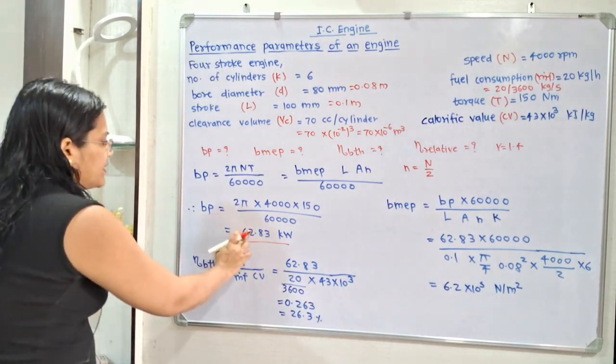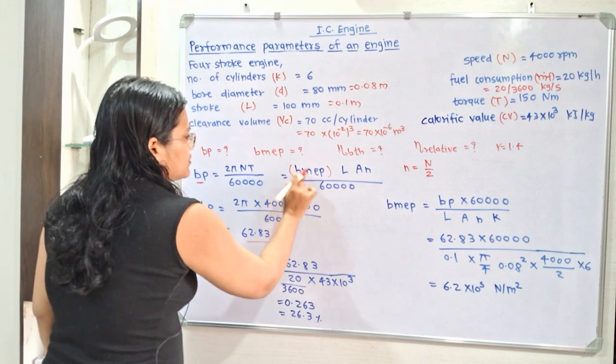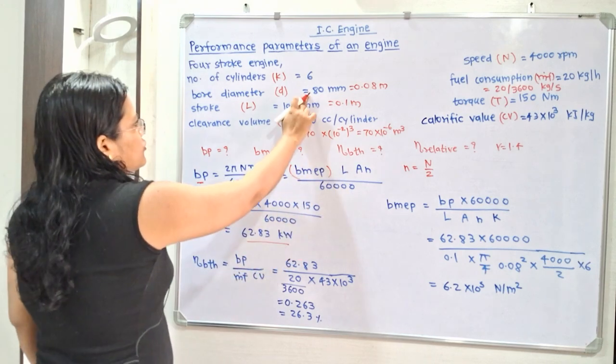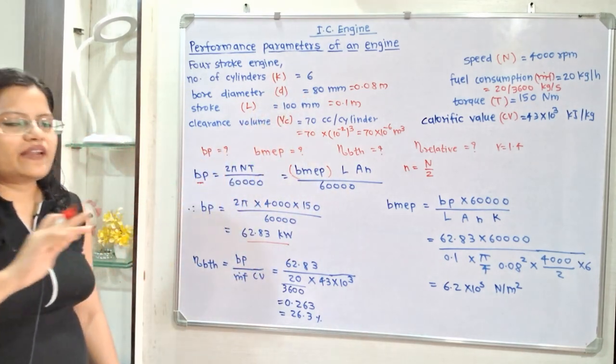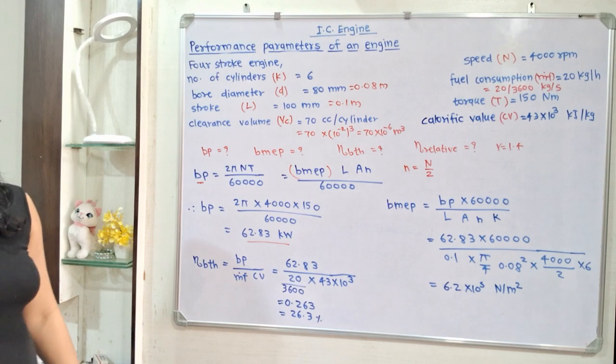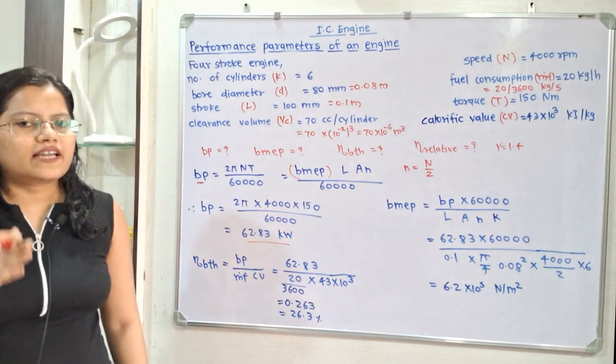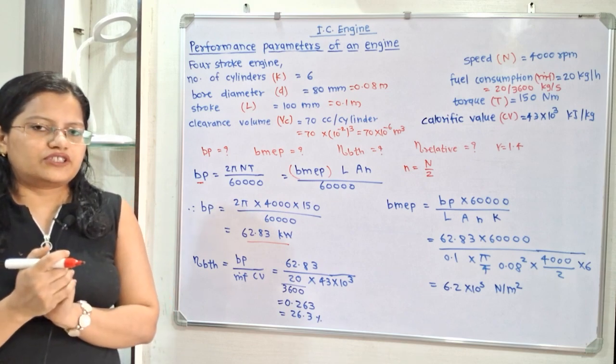Now BP value is known and we have to find this term. The value of L is also known, that is the stroke length, and the cross sectional area is pi by 4 d square. The stroke length and area are related to the piston cylinder arrangement.